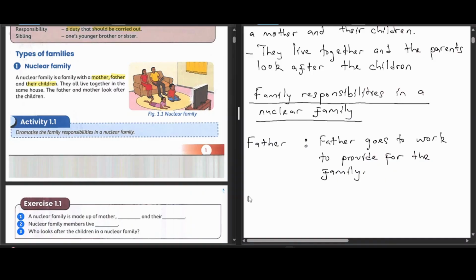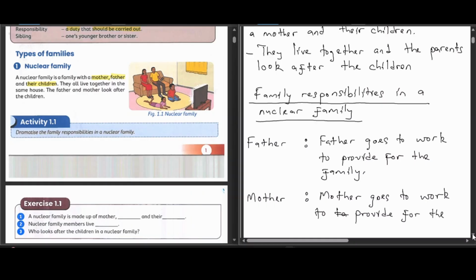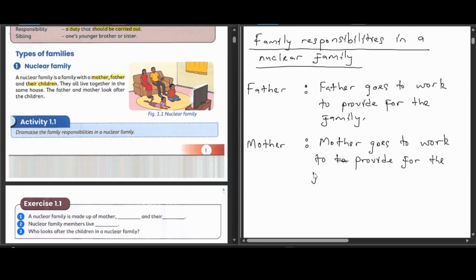What about the mother? So we can have a situation where the mother goes to work to take care of family or to provide for the family, and is a homemaker.